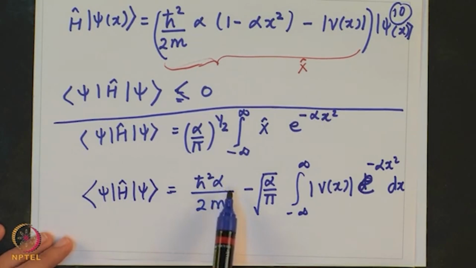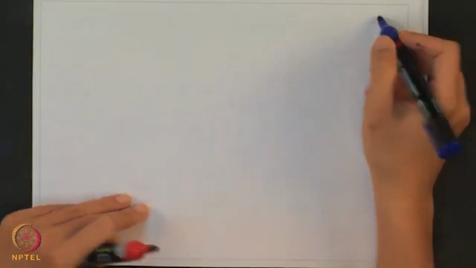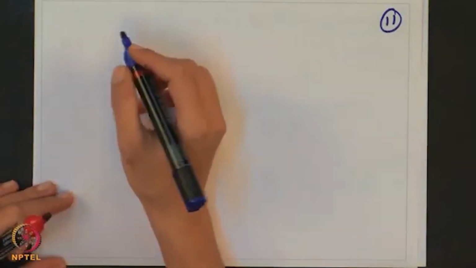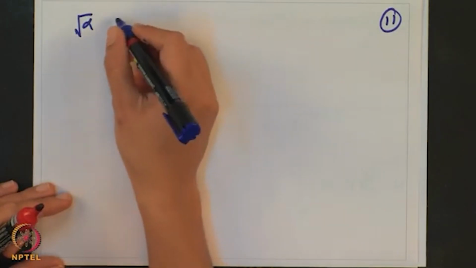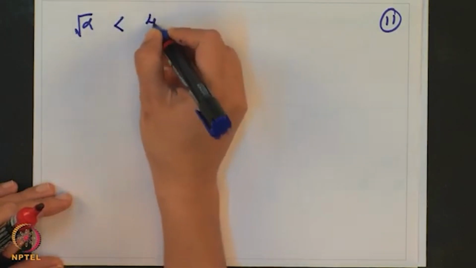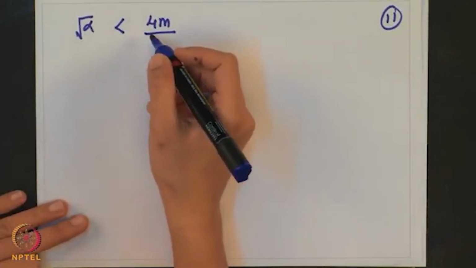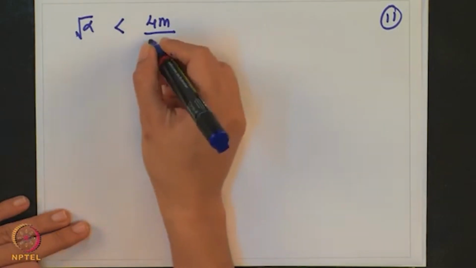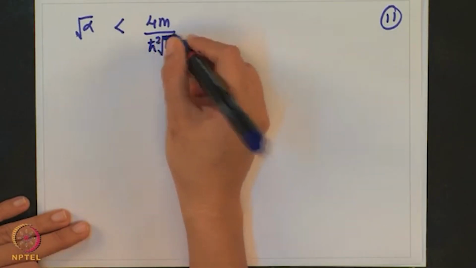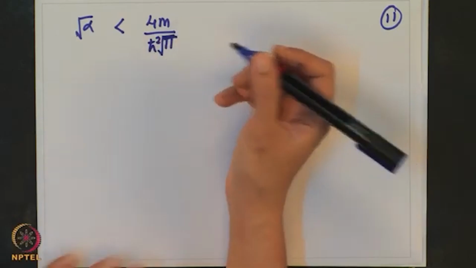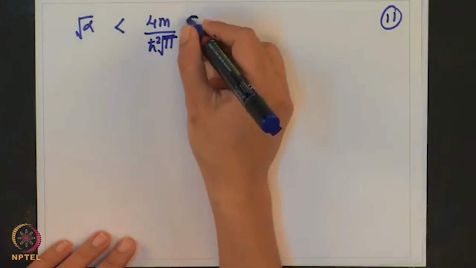From here we can see that it is possible to have at least one bound state when the square root of alpha is less than 4m upon h cross square pi, in the square root, times this integral.